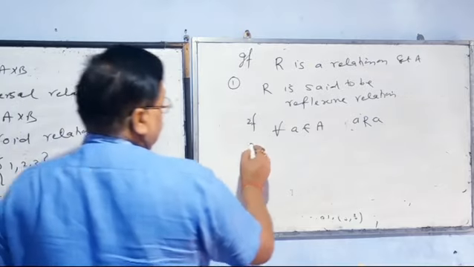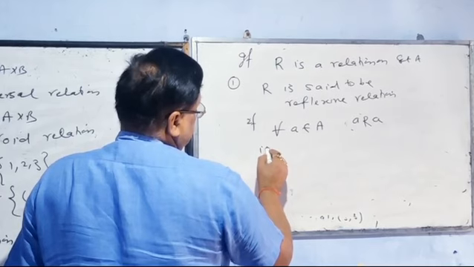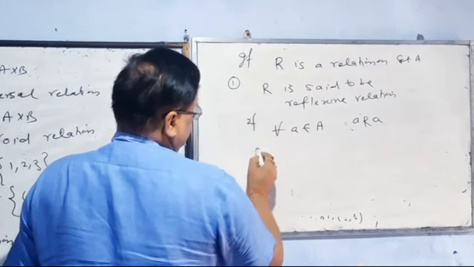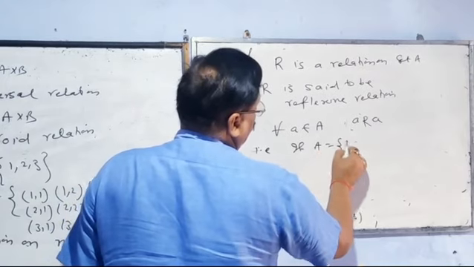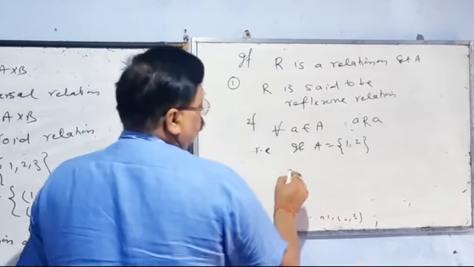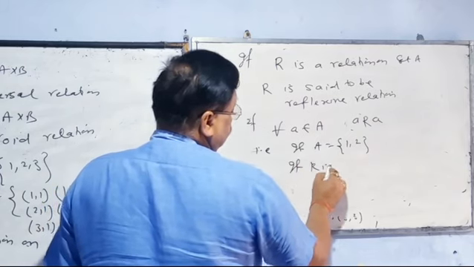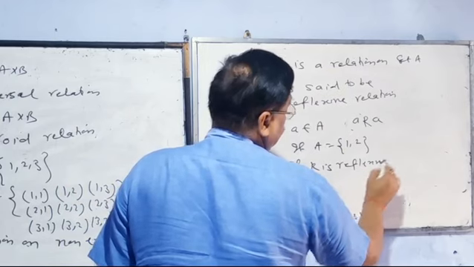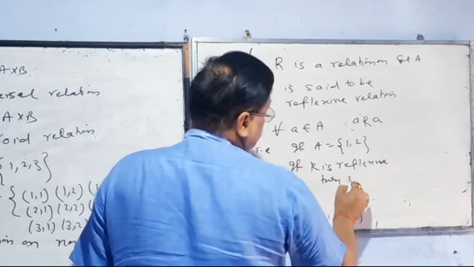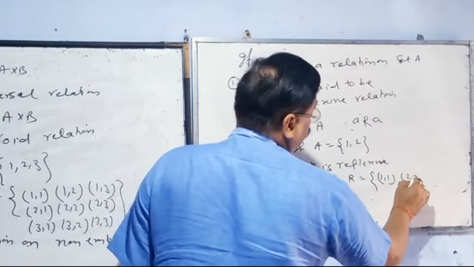That is, if A has 1, 2, so if R is reflexive, then R should contain (1,1), (2,2).